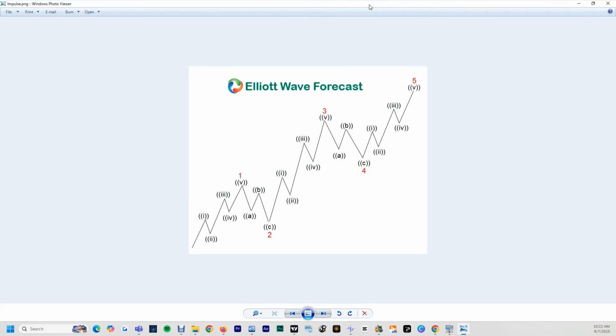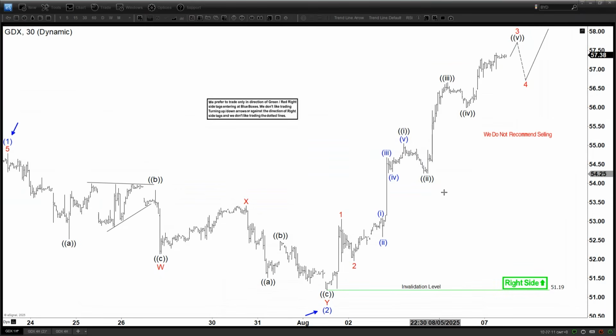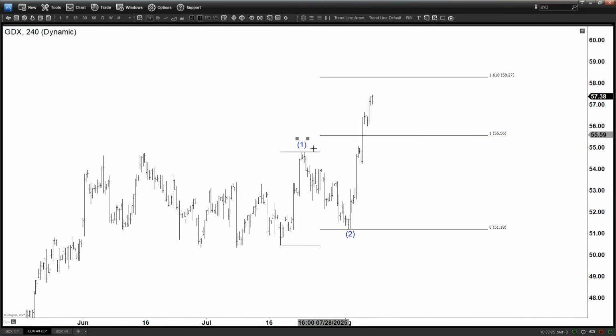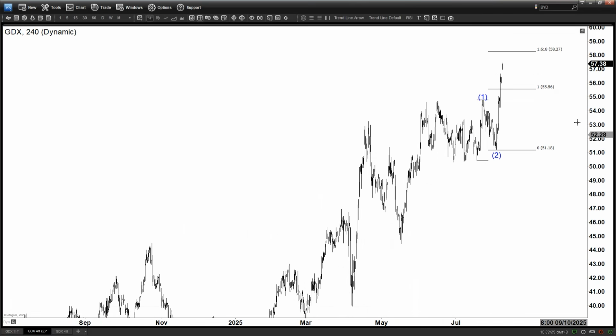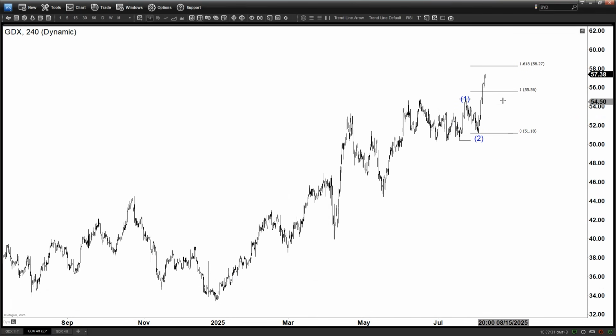Okay. So here, first of all, let me zoom out in the 4 hours so you can clearly see where we are in the impulsive structure. So here is the 4-hour time frame. I'm going to be focusing on the 1 and the 2 in blue here, which is the intermediate degree, right? This is the 1 and the 2. If I sort of squeeze some of the data, you can see we are able to extend on the upside.